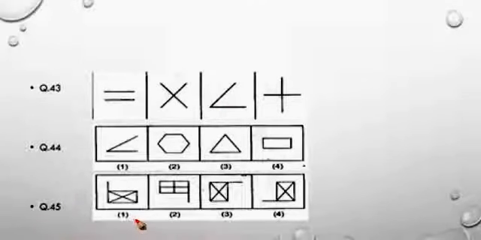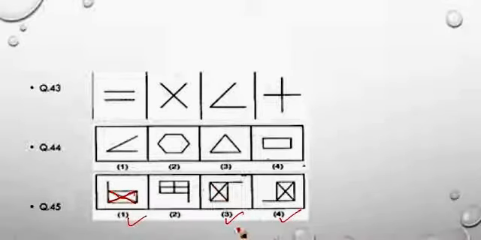In question number 45, there are four problem figures given. In the first problem figure, there is a similarity with problem figures 3 and 4. Inside problem figure 1, there is a cross drawn.